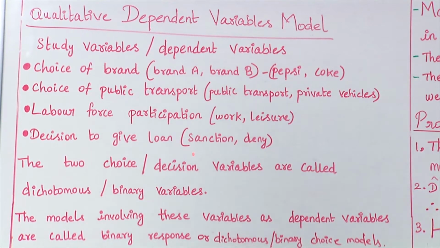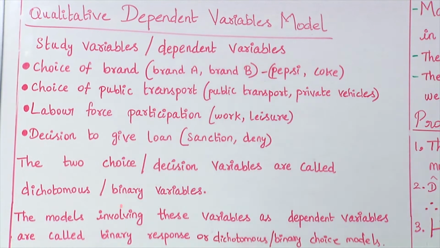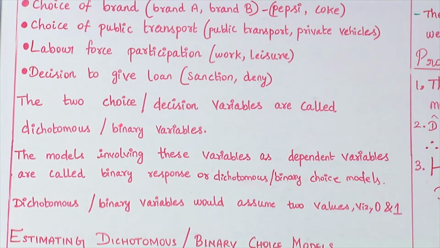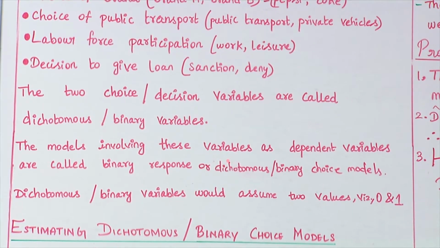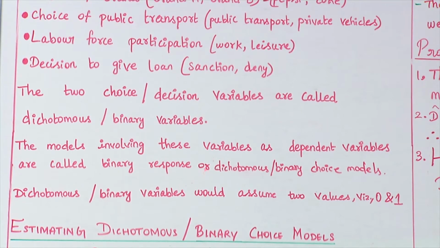They take two values. The two-choice decision variables are called dichotomous or binary variables. The models involving these variables as dependent variables are called binary response, dichotomous or binary choice models.